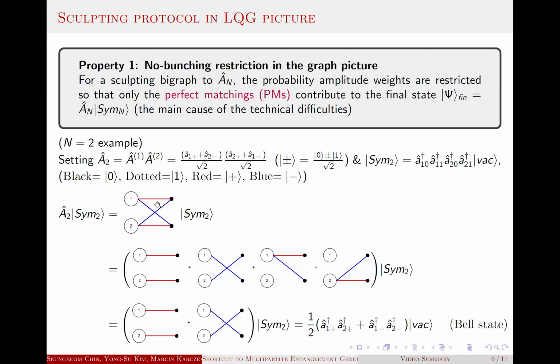We just omitted the probability amplitude weights because they are equal to each other. And this bipartite graph is expanded to these four subgraphs. And we can directly check that these two terms vanish, and the final state is a summation of the perfect matchings, which becomes a Bell state.